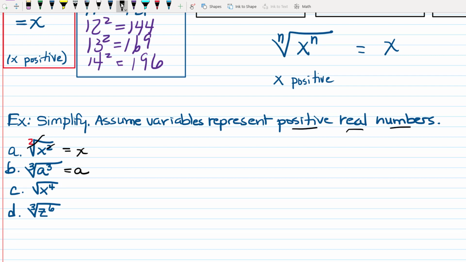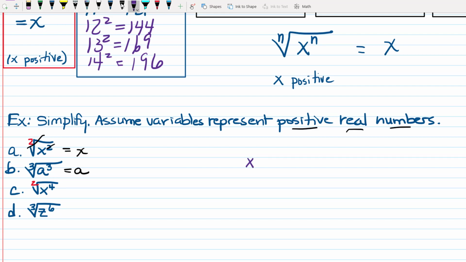Now let's look at C very carefully though. For C, we have the square root of x to the fourth. So you might think, oh no, we're stuck. But in fact, it turns out x to the fourth is actually a perfect square. Let me show you why.